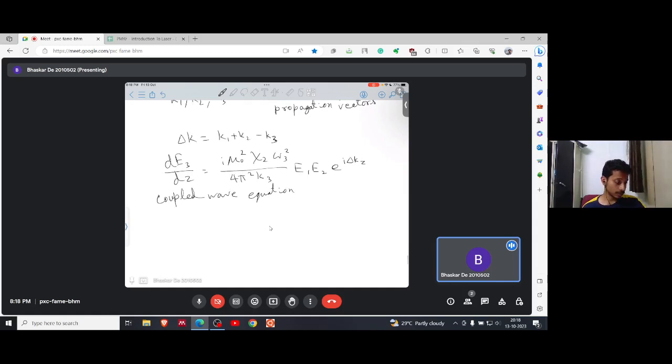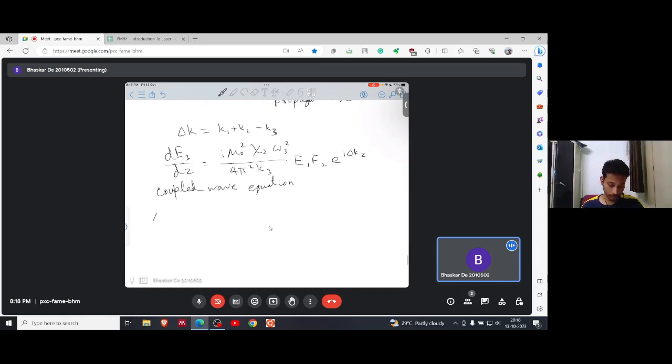For the special case in which delta k equal to 0, the amplitude E3 will increase linearly with distance z into the material.